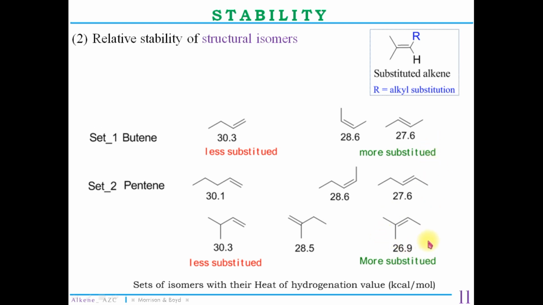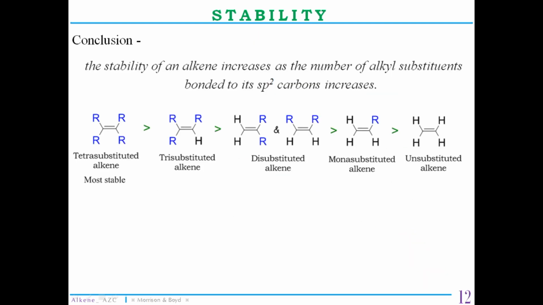In this example, we can see that a more substituted alkene has a lesser heat of hydrogenation value, so more substituted alkenes are more stable than less substituted alkenes. From the previous examples, we can conclude that the stability of an alkene increases as the number of alkyl substituents bonded to its sp2 carbons increases.